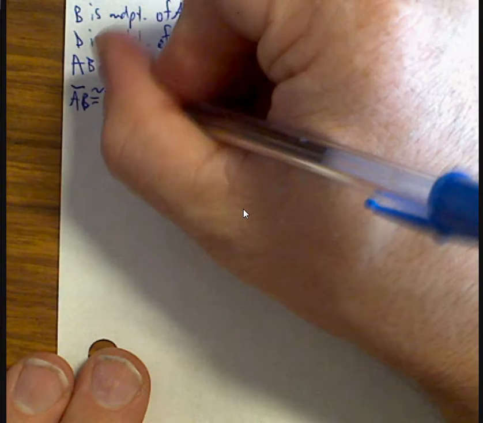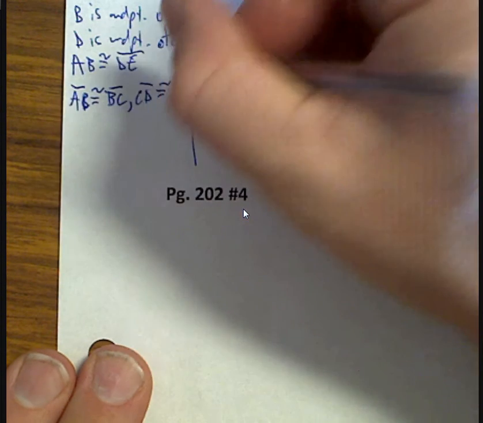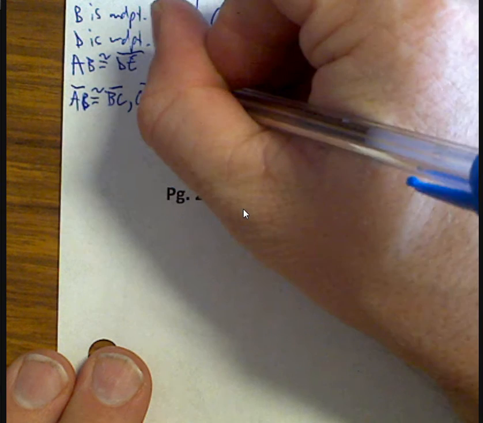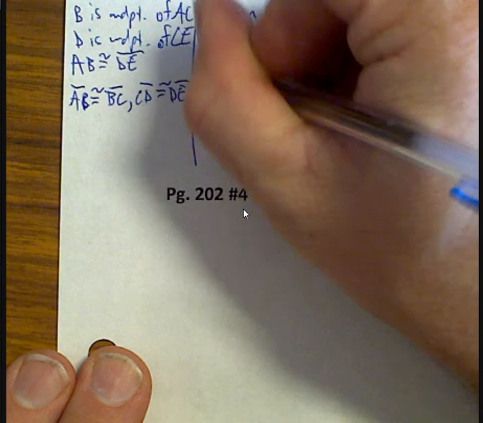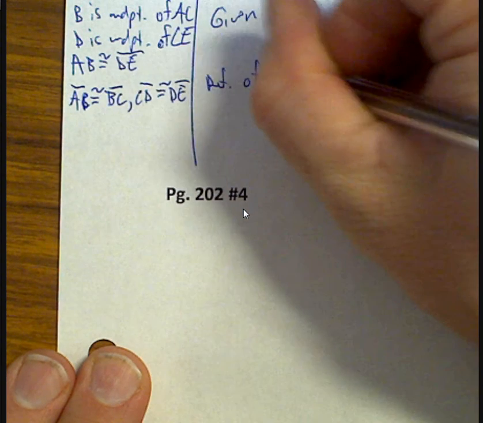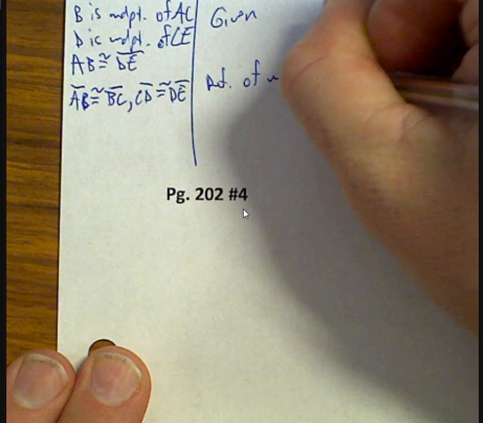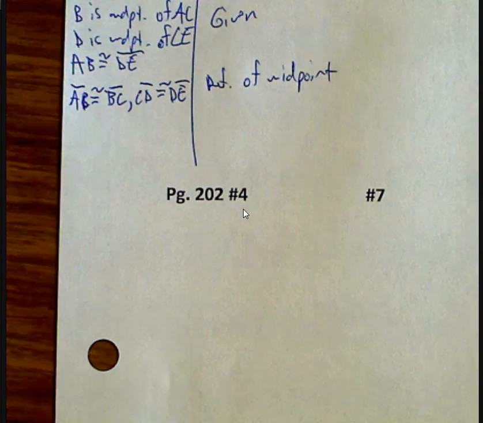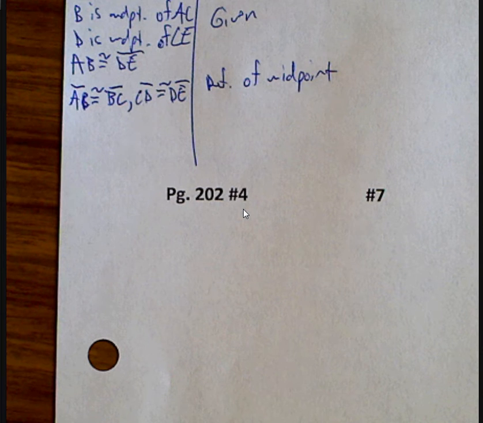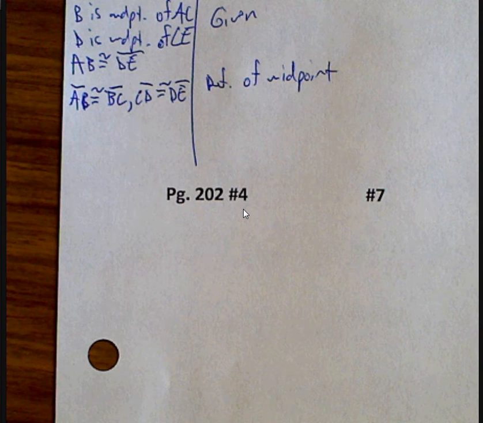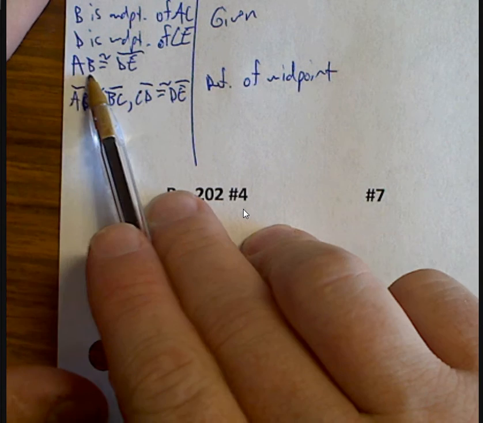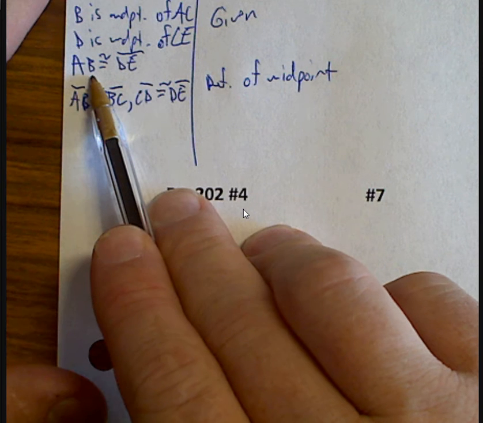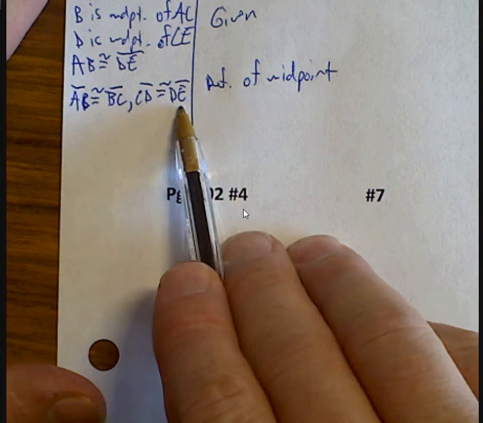And this is the definition of midpoint, or you could say this is the definition of segment bisector.